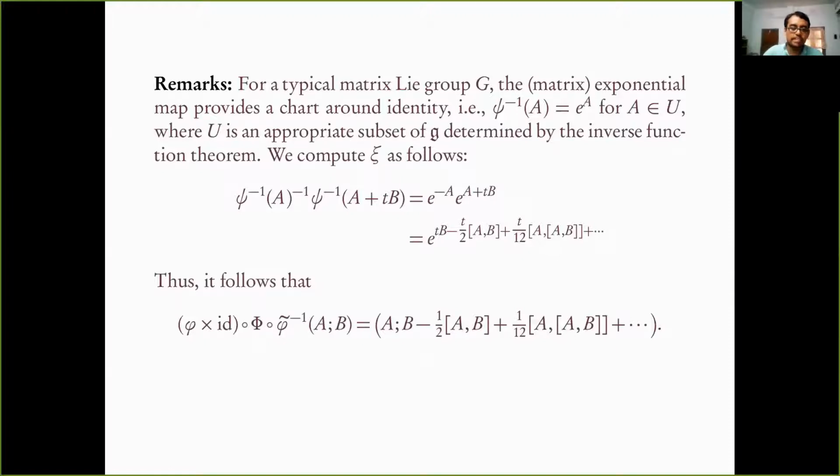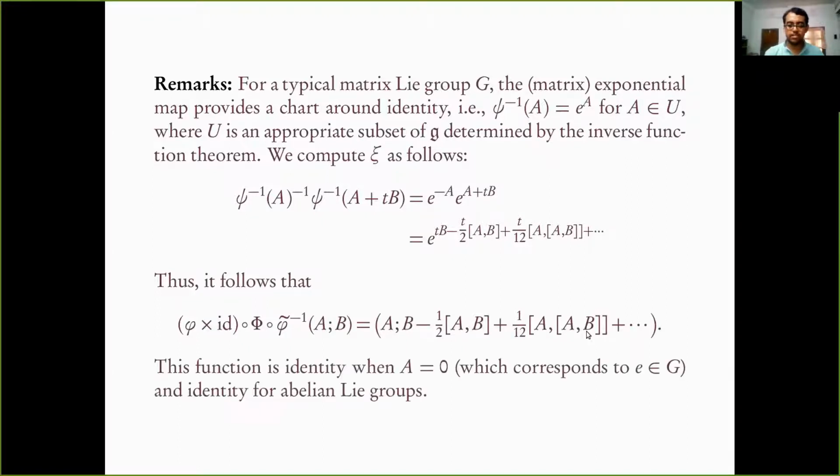And only when A is 0, or you're looking at the expansion around identity and at identity, the map looks like B goes to B, because all the Lie brackets AB, AAB are going to be 0 if A is 0. But if A is non-zero, typically A and B will not commute. So for all those points, B will not go to B. It will have all these extra terms.